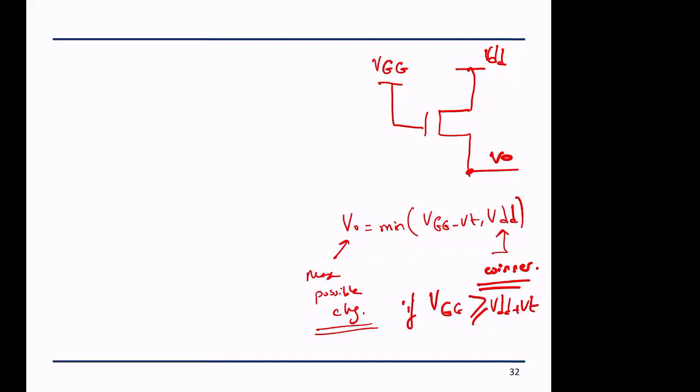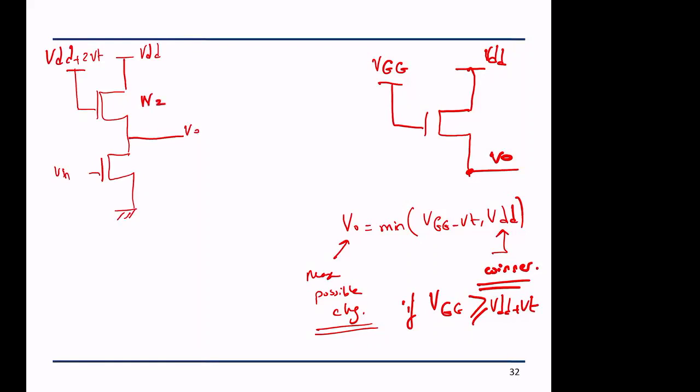The circuit is really, now I have this is VGG, let us assume this is VDD plus 2VT, and this is VDD, and here I will have VN, and this is a ground, and this is my VO, this is transistor N2, this is transistor N1. Now what do we notice about the transistor N2? What is the special characteristic for transistor N2?